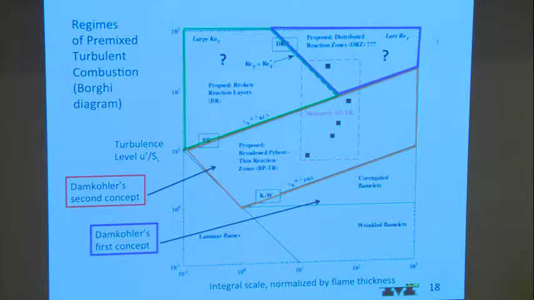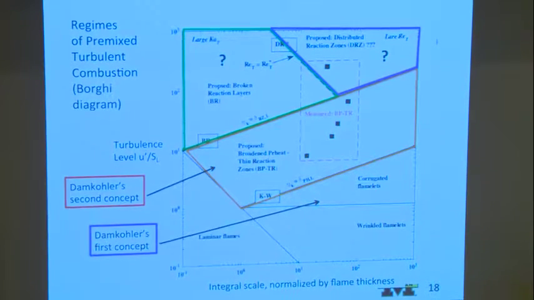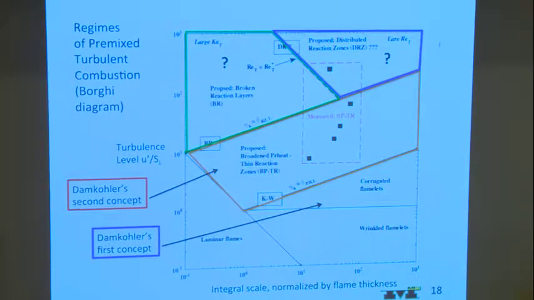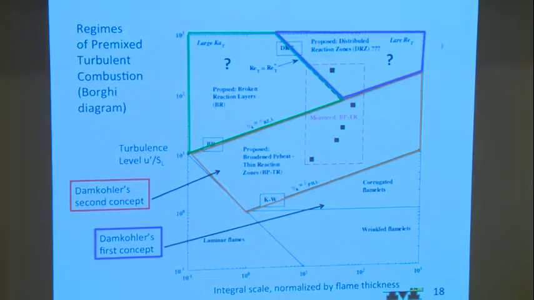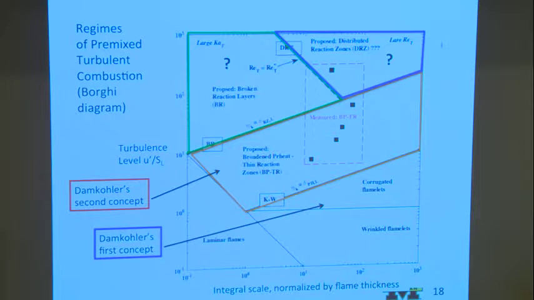And so Klimov and Williams argued that once the smallest eddies get inside the preheat zone, they're going to start to broaden the flame, and it's going to go from corrugated thin flamelets, which means basically thin flamelets that are just wrinkled laminar flames, on the bottom of this orange line, to broadened preheat thin reaction zones. And that's what Norbert Peters argued is this regime between the two orange lines.